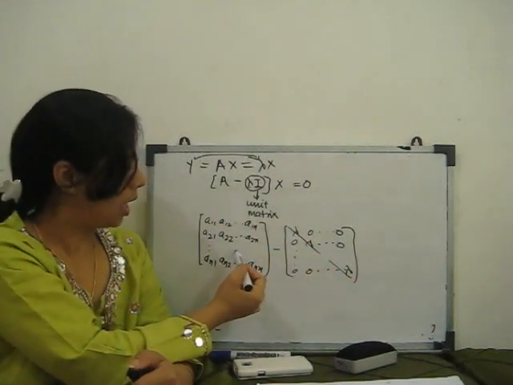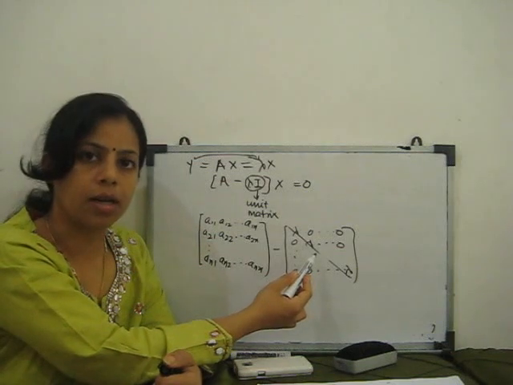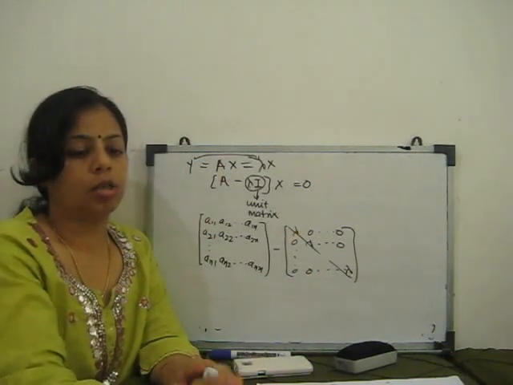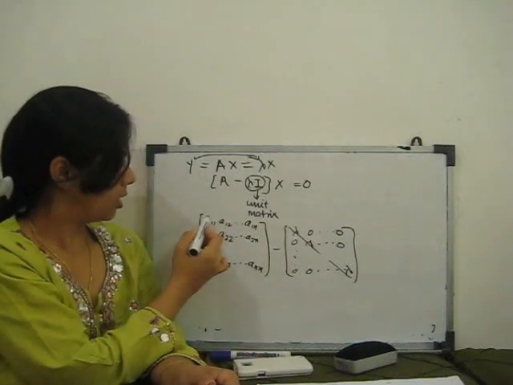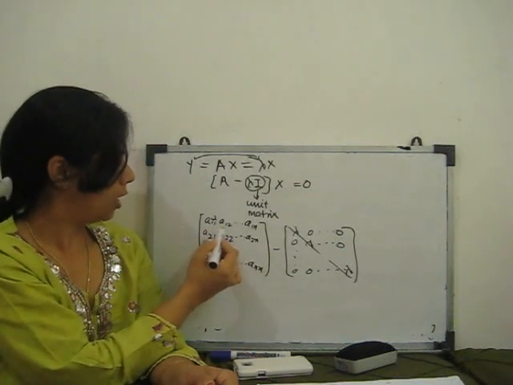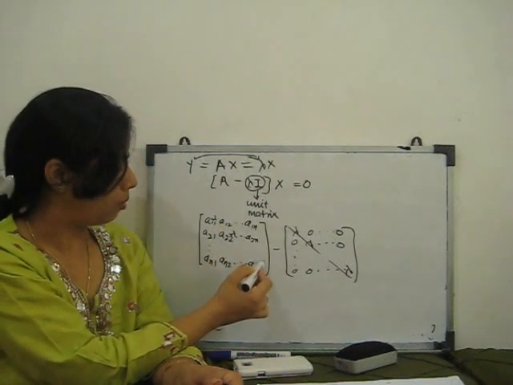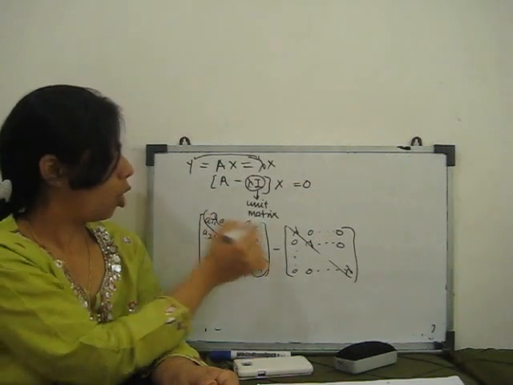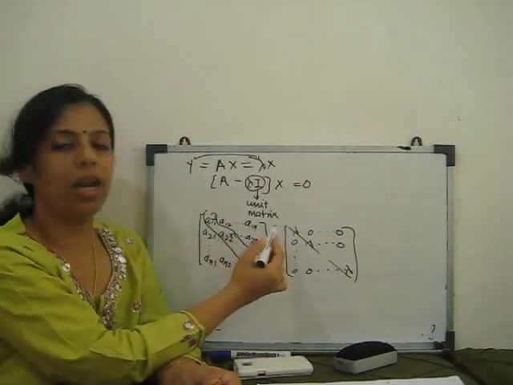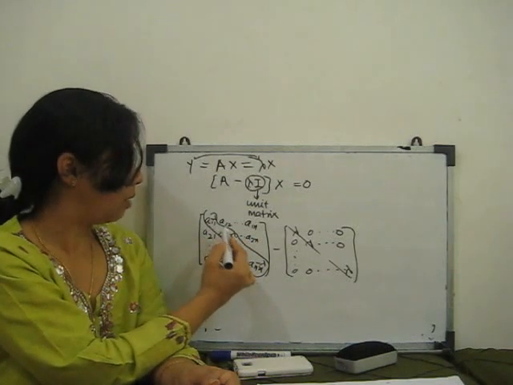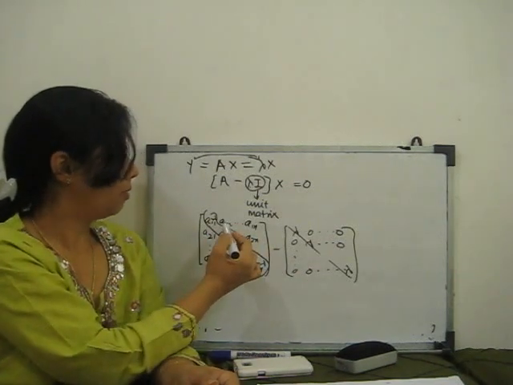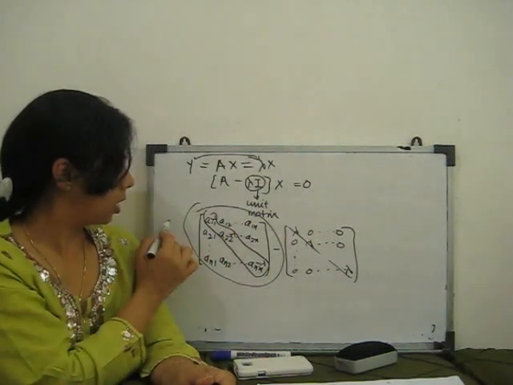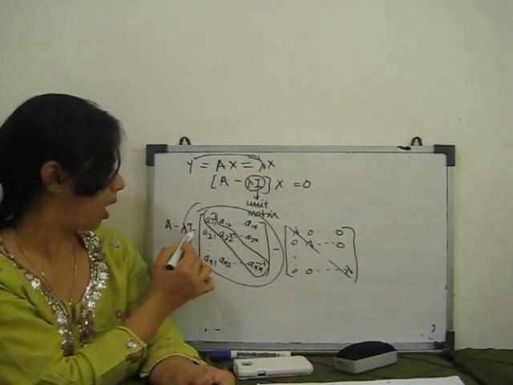So this is the A matrix, and this is the lambda I matrix. Next, our matrix becomes A minus lambda I. A minus lambda I means lambda is subtracted from all diagonal elements, and the other elements like a12 minus 0 mean no change. So this matrix becomes A minus lambda I.